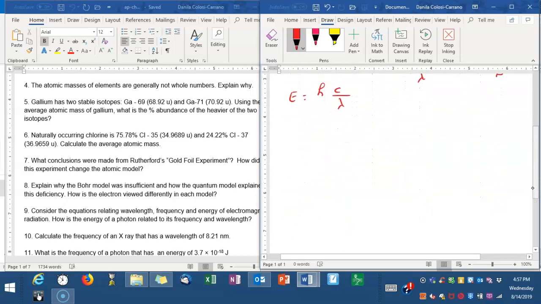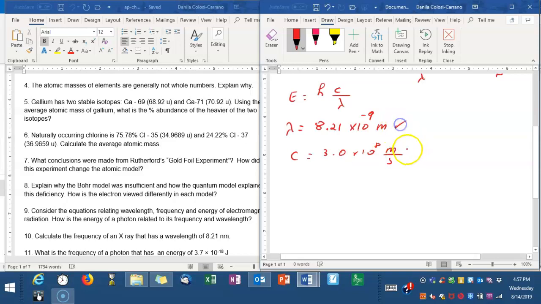10. Calculate the frequency of an X-ray that has the wavelength of 8.21 nanometers. So first of all, we got to go to meters, otherwise we cannot use the speed of light, which is 3.0 times 10 to the 8th meters per second.